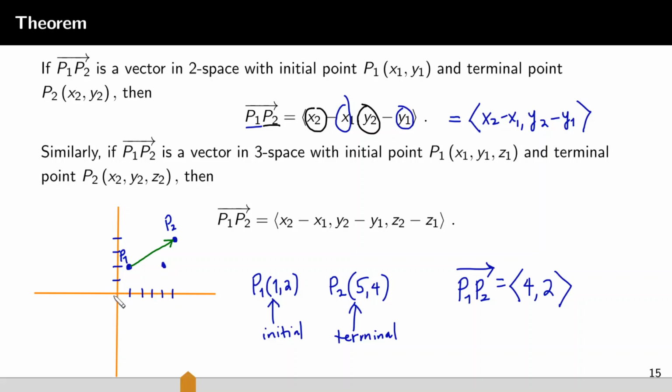This is the terminal point. This is the initial point. And if I connect the origin to this point, so again, itong point na to, it has coordinates 4, 2. And as you can see, they are identical vectors. Parallel sila and they have the same magnitude.